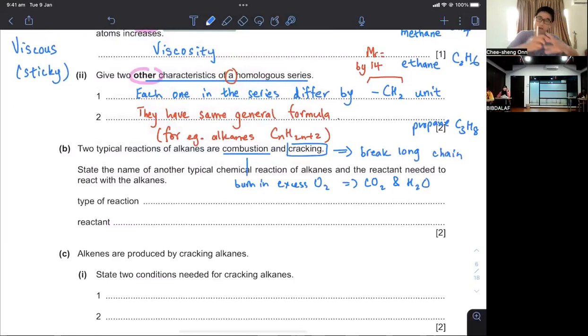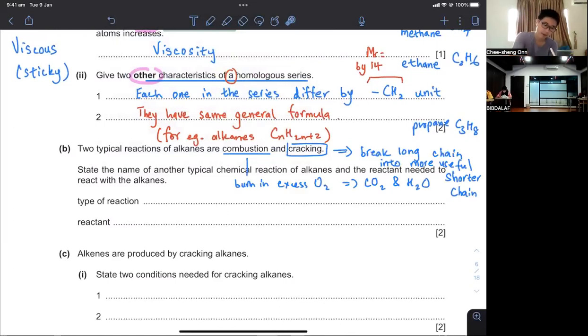Very long chain hydrocarbons are not so useful, so you need to cut them into smaller, more useful, shorter chains.